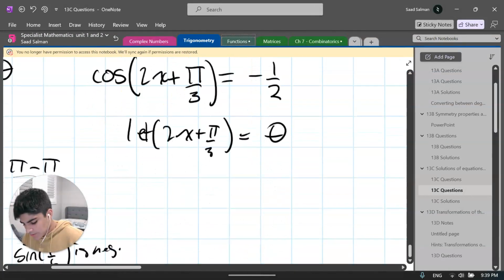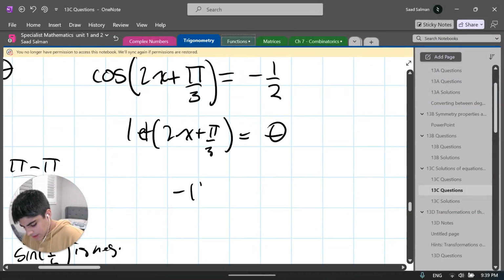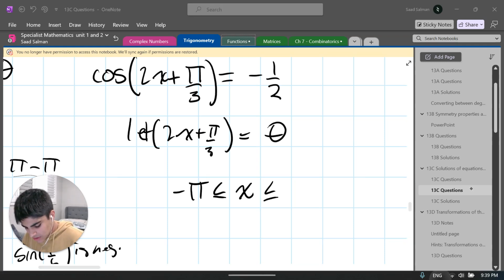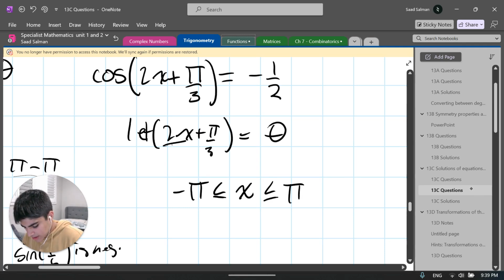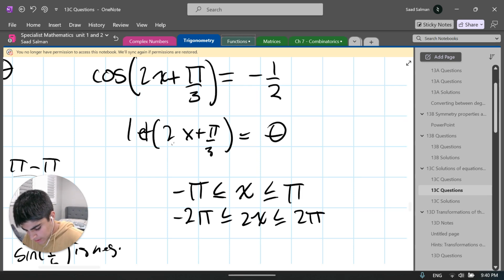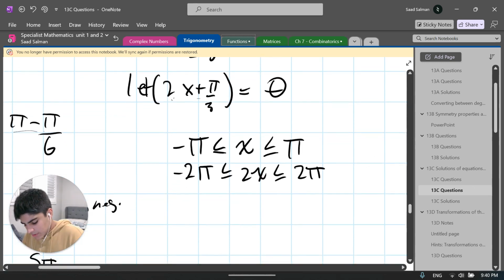So just our domain. The domain we originally have is negative pi less than or equal to x, which is less than or equal to pi. Let's apply this 2x dilation. Negative 2 pi is less than or equal to 2x, which is less than or equal to 2 pi. Add pi on 3.